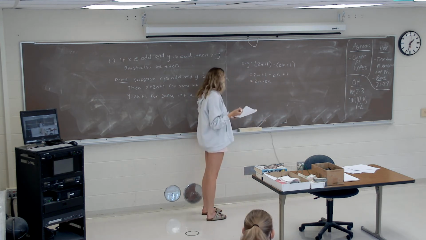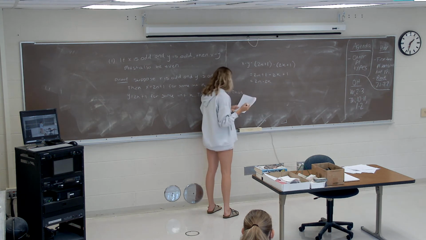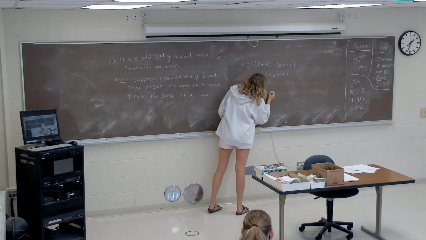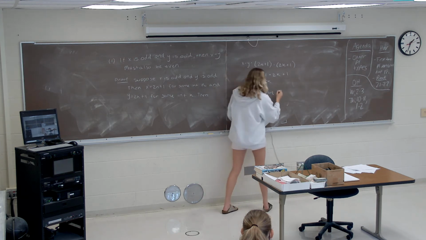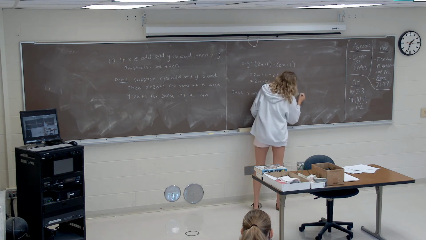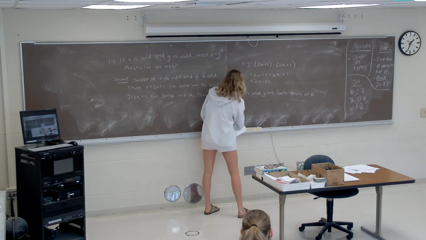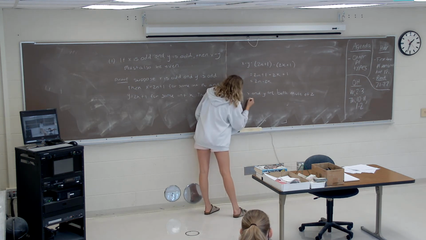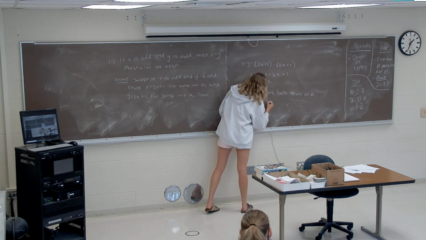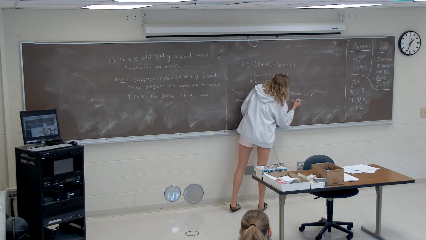And then I said thus x and y are both multiples of 2, and thus x minus y must be even.